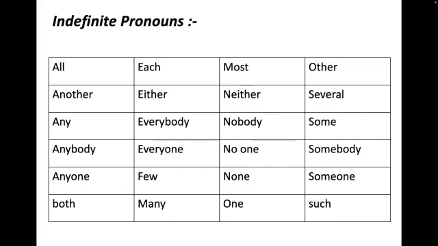Again, these are taking the place of nouns that are no longer within your paragraph, no longer within the sentence itself. They are standing alone. Even though they are pronouns, they're standing alone as the noun.